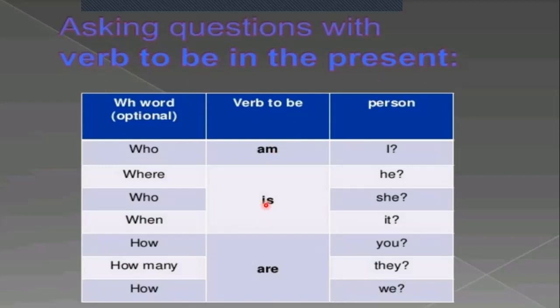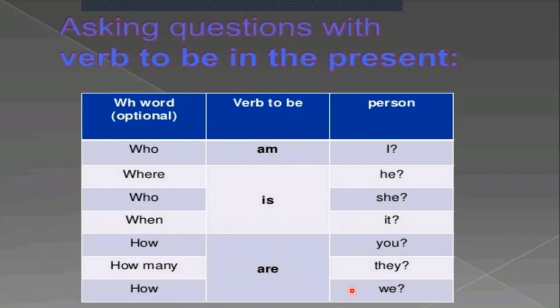You know before, my students, that we use verb to be am with the subject I. Excellent. And also we use is with the subject he, she, it, or any singular noun أو أي اسم مفرد. Also we use are with you, they, we, or any plural noun أو أي اسم حبايبي جمع.